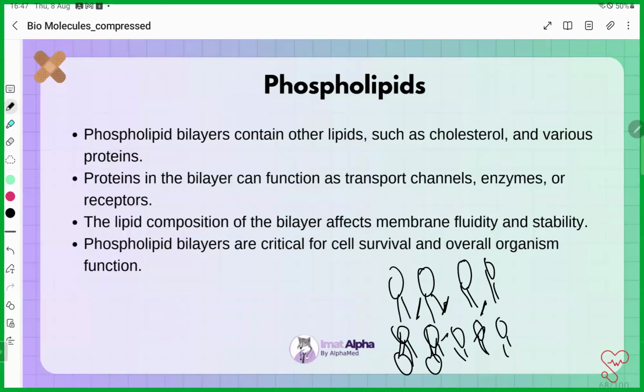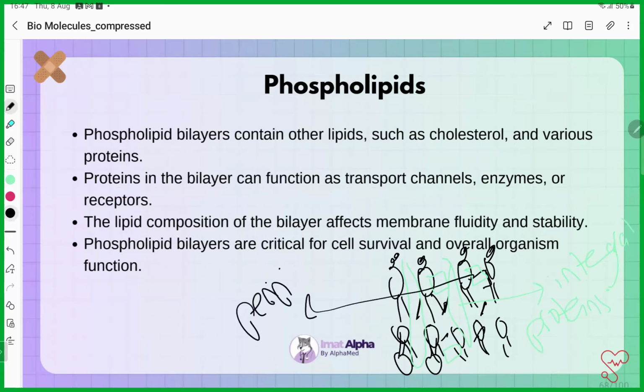Proteins are found here, and are found here in this way. Let me draw another color. Found in this way, like this, like this. The inside proteins are called integral proteins, and the outside proteins are called peripheral proteins.